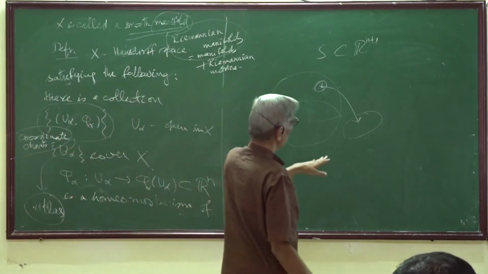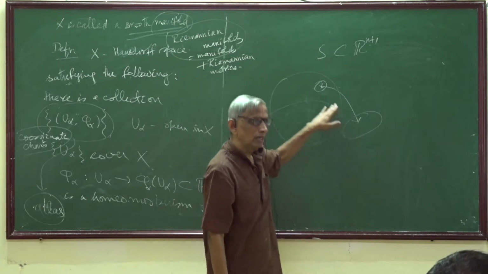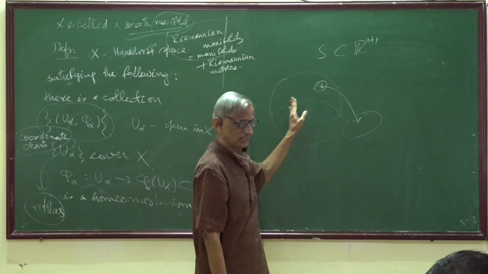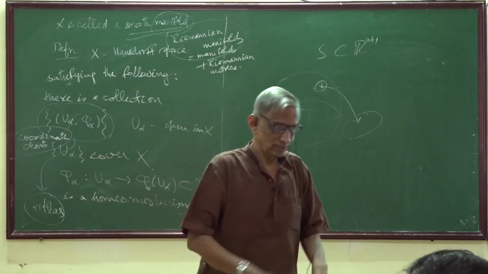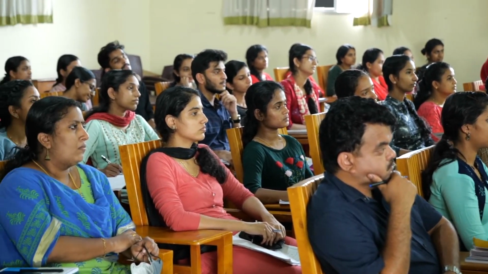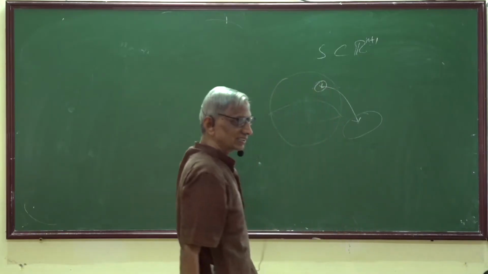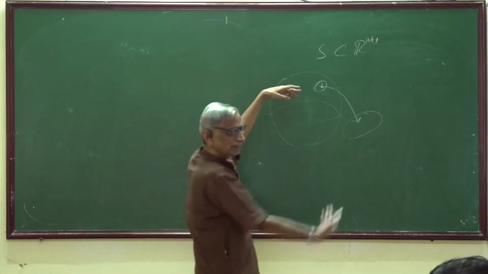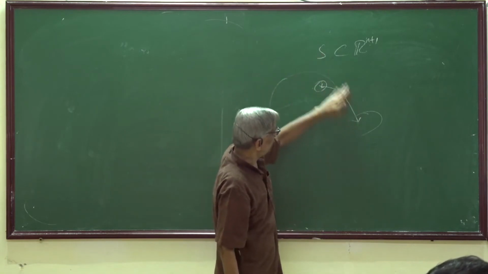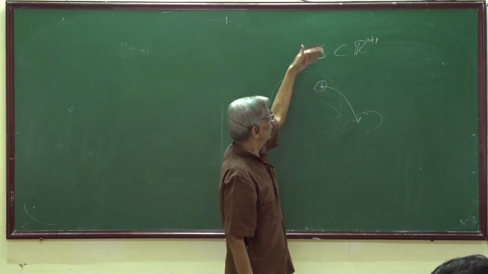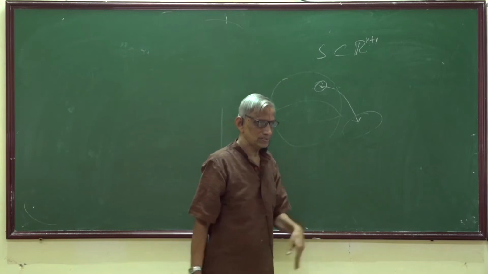So this is a patch in R2 mapped to a patch on the surface, a surface patch as they call it, or a chart on the surface. As I mentioned yesterday, there are different ways of defining a surface. One is like this, going the other way: you start with something in Rn plus 1 and give maps from open sets in Rn to parts of the surface, patches on the surface.